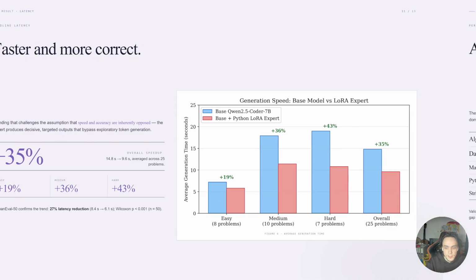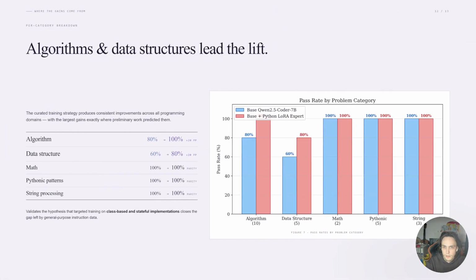And the per-category breakdown tells us where to focus future training efforts. The biggest gains are in algorithms, 80 to 100%, and in data structures, 60 to 80%. These are exactly the categories where we deliberately enriched the training data with class-based and stateful examples.